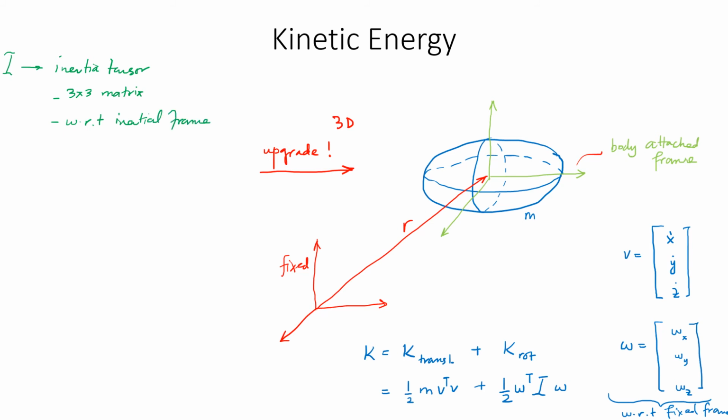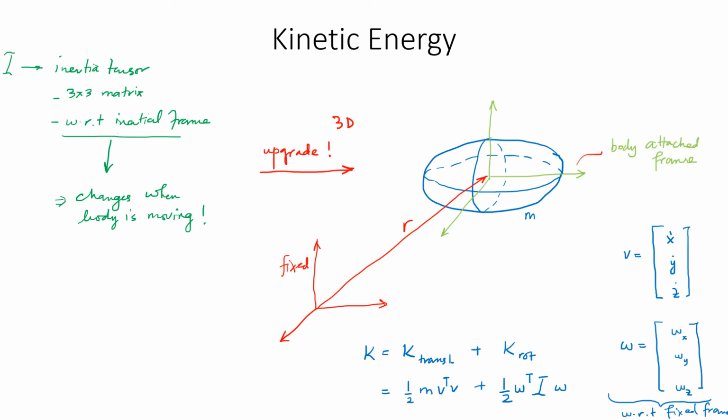Now that creates a problem, in the sense that in that particular case, the inertia tensor is going to change when the body is moving in 3D space. So I'll raise this concern over here: is there any way we can handle this without needing to redefine or update the inertia tensor when the body is moving?